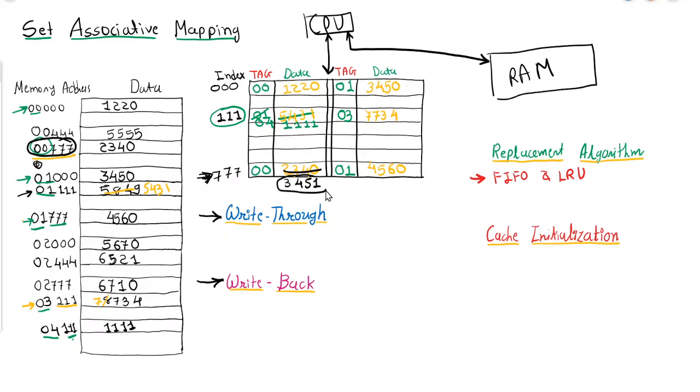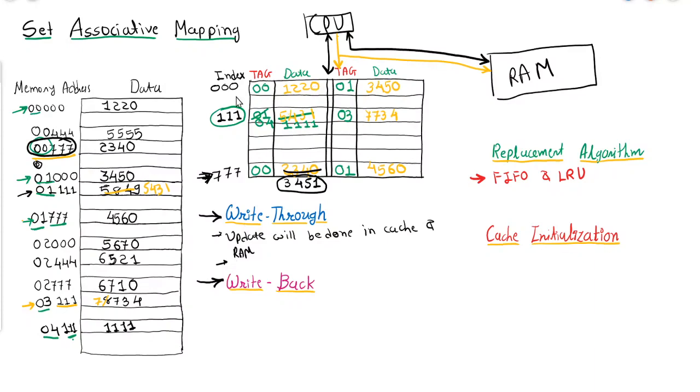Now how will write through work? Whenever the CPU updates the cache memory, if at the same time that change is reflected into the RAM, then it is known as write through. So the update will be done in cache and RAM.